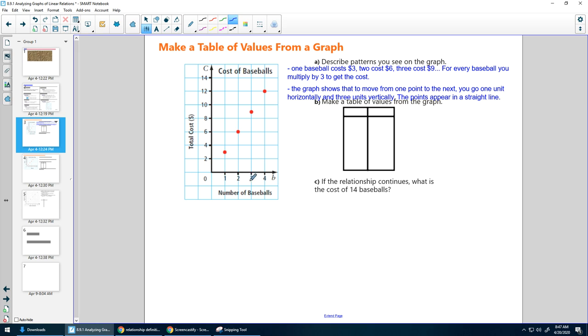So in this case, our x, we've labeled it B, and our y is C. If our B is at 1, our C is at 3. When B is at 2, C is 6. When we have 3 baseballs, our cost is $9. When we have 4 baseballs, our cost is $12.